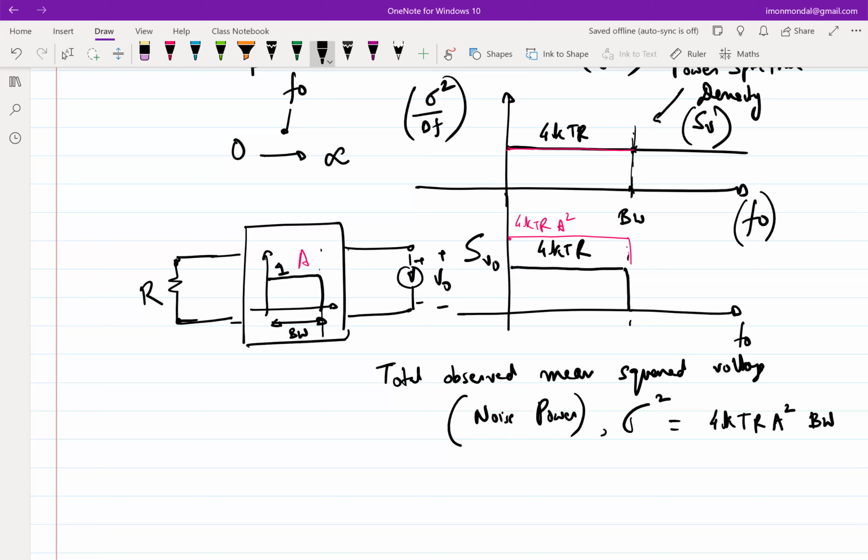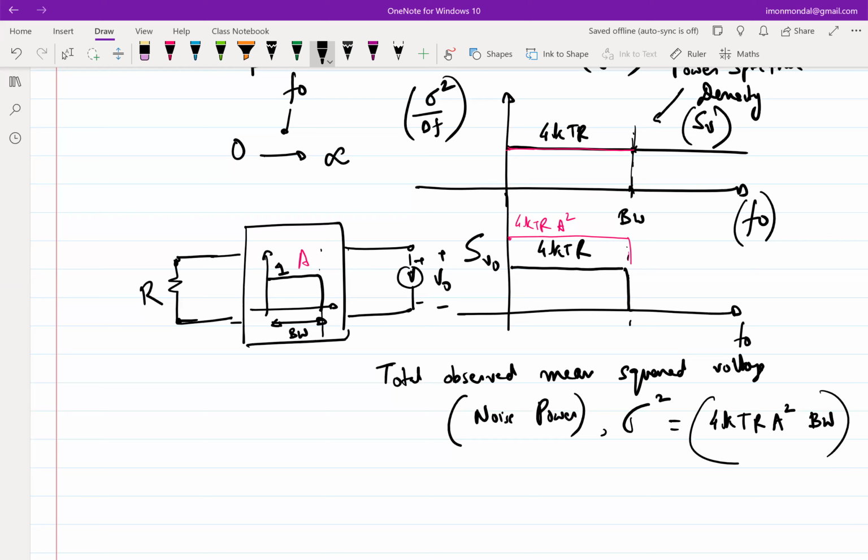Let me contextualize what he is saying. So this question is, let's say I am observing one sinusoid, which is a signal, right? And I have this filter, which is of bandwidth BW. I'm observing a noise power of this value, right?